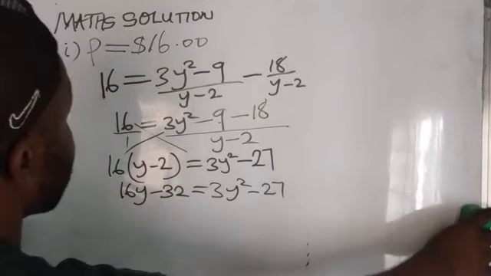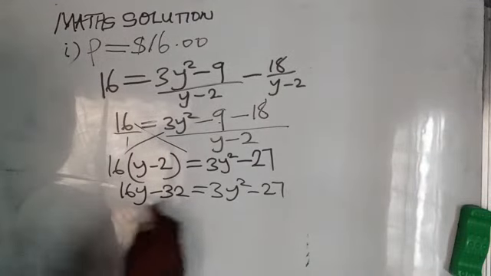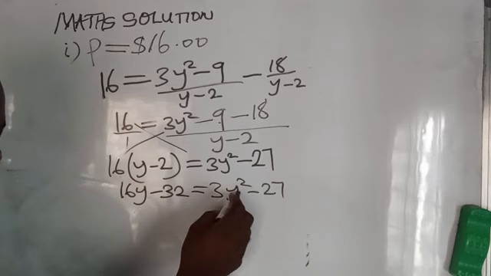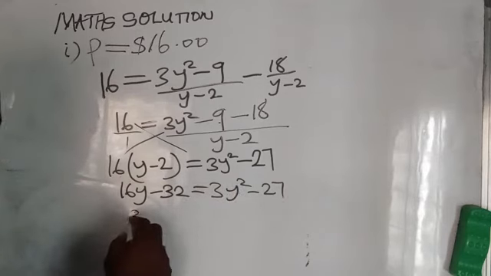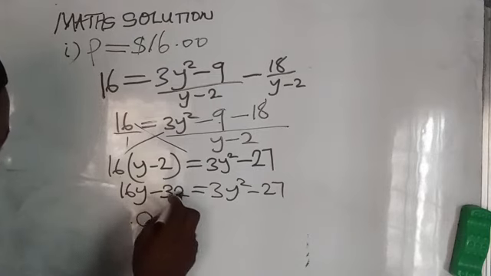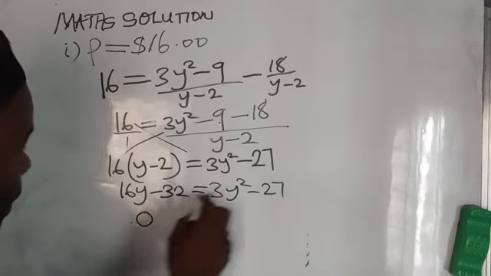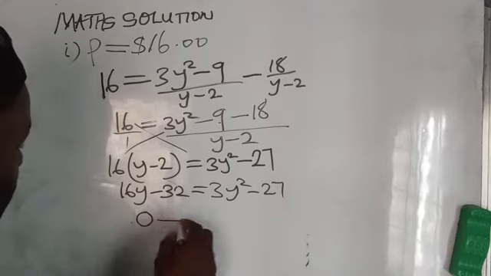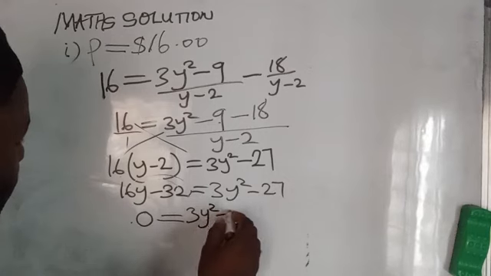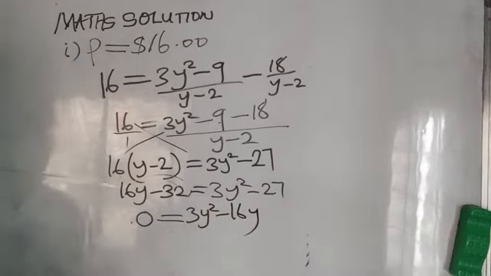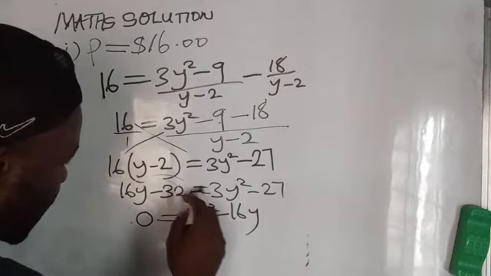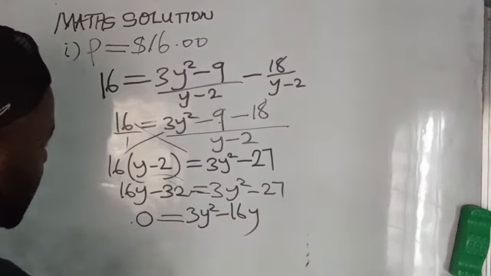This has formed a quadratic equation. We want to transfer everything to this side so that we have 0 on the other side. So 0 is equal to 3y² minus 16y, because plus 16y crossing the equality sign becomes minus 16y.